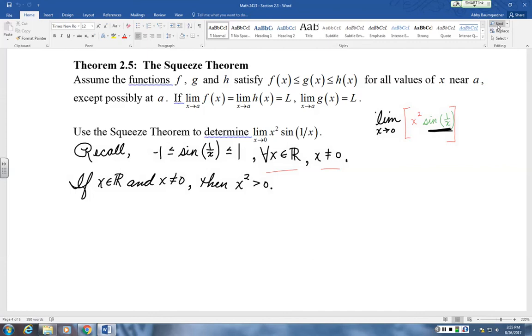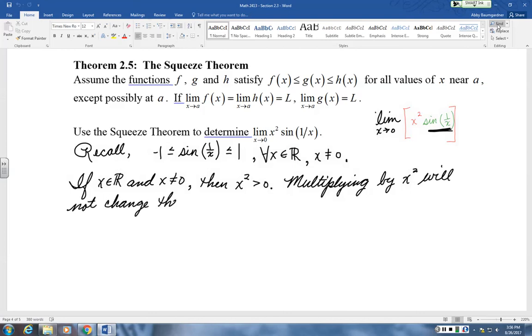It's completely legit to multiply by it. So that's what we're going to say. Multiplying by x squared will not change the direction of the inequality.